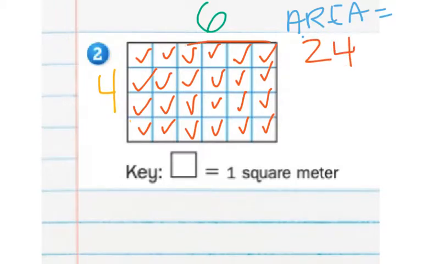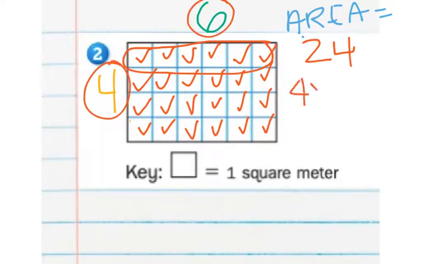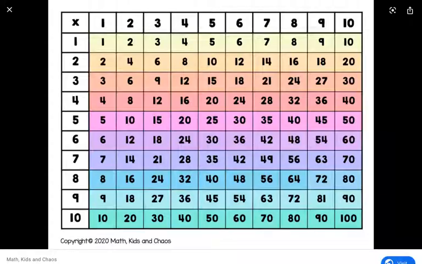But if I also think of it as 4 groups of 6, or 4 times 6, I can also think of that as multiplying, and I would get the same answer. And you can always check it using your multiplication chart.